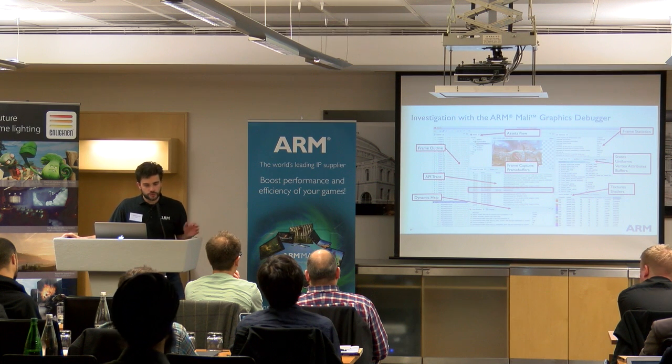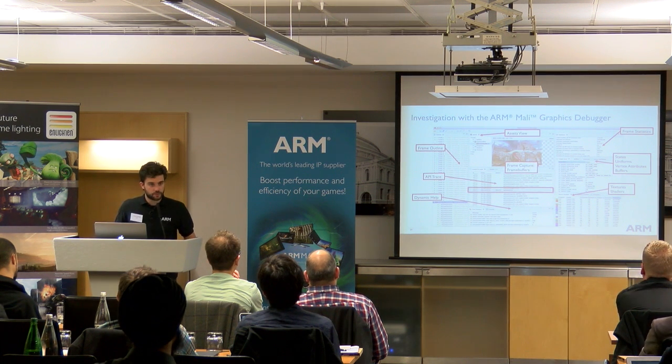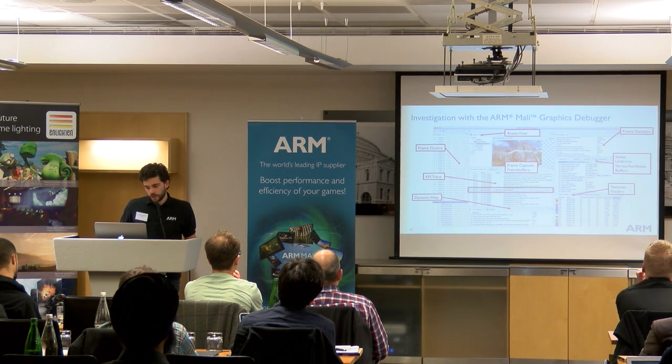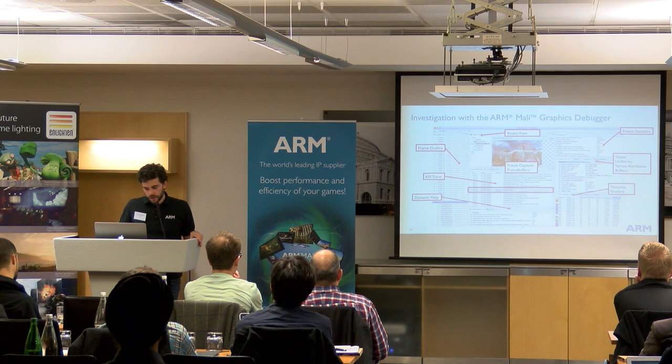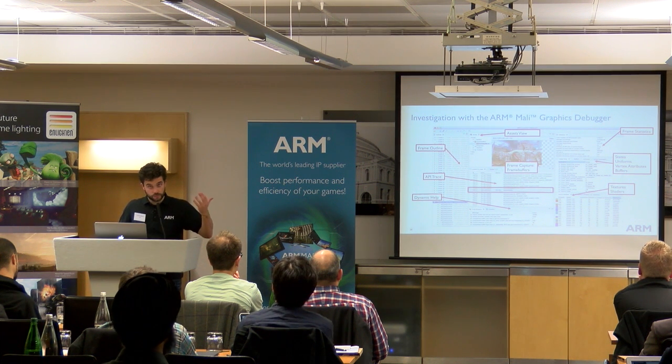Since draw calls are probably the most important API call in a game, you can easily select them there and see how many vertices and how many fragments they are shading.